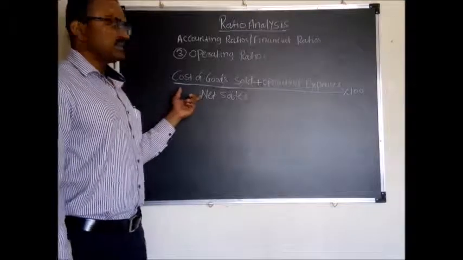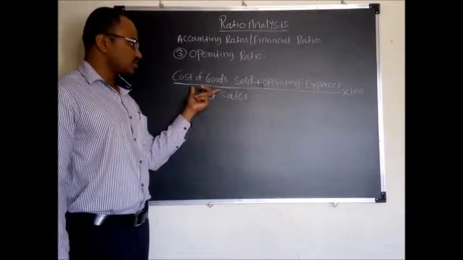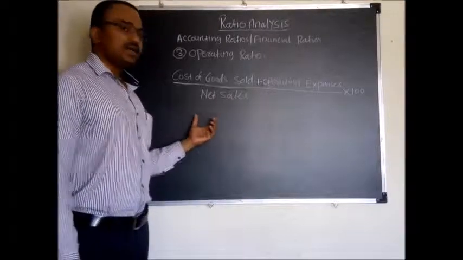So operating ratio is calculated by using this formula, that is cost of goods sold plus operating expenses divided by net sales into 100.